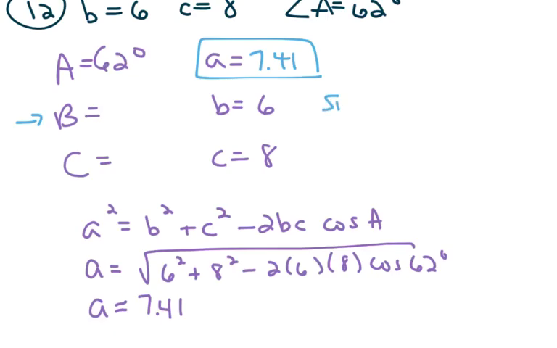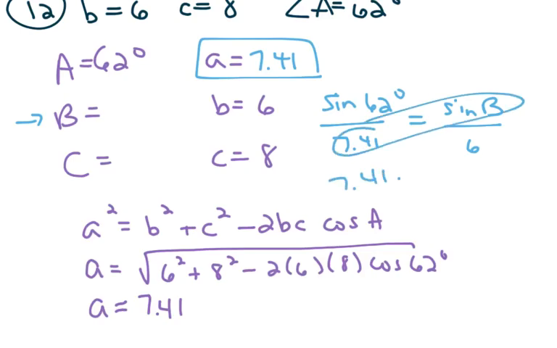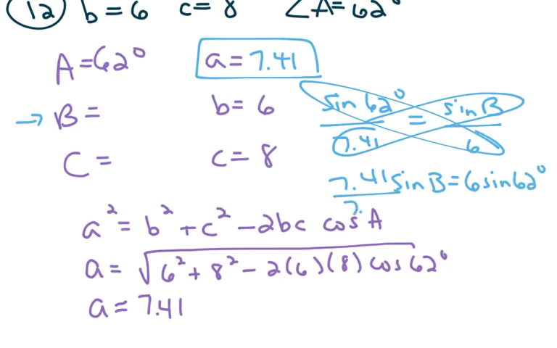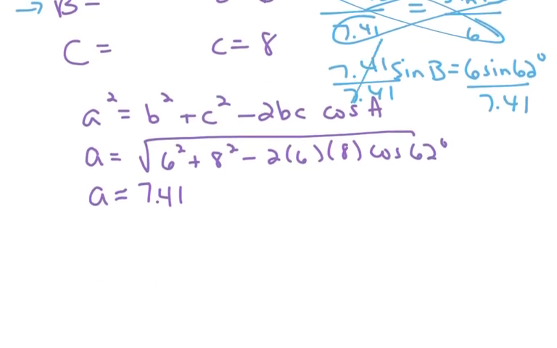So now I'm going to do the sine of 62 over 7.41 is equal to the sine of B over 6. So 7.41 times the sine of B is equal to 6 times the sine of 62. I'm going to divide by 7.41, and then we're going to inverse sine that answer.